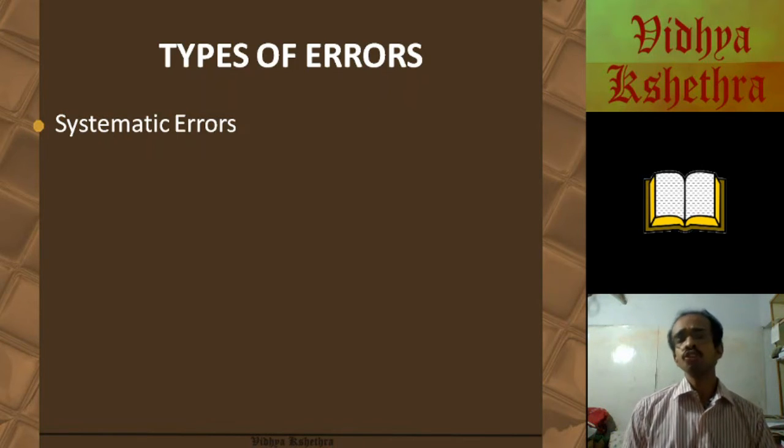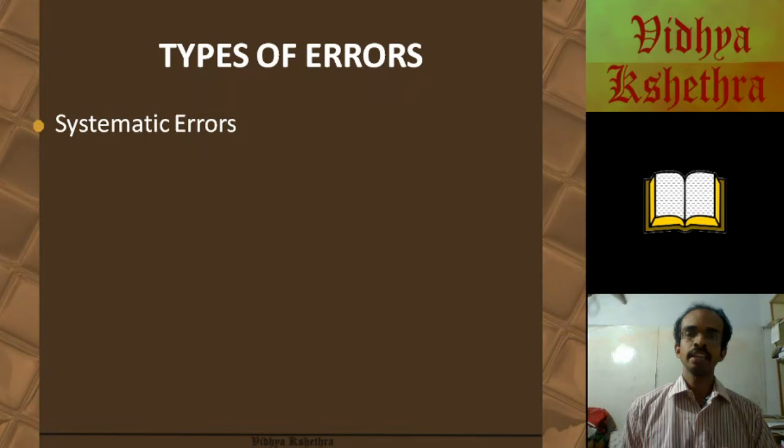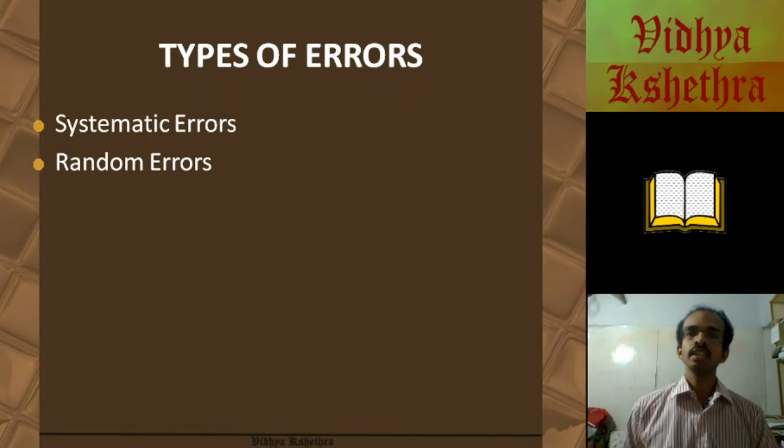It can be caused by many conditions like the experimental setup, personal errors, or certain other conditions which affect the reading. Then there are random errors. Random errors are errors which vary in size as well as range according to certain conditions prevailing in the environment.